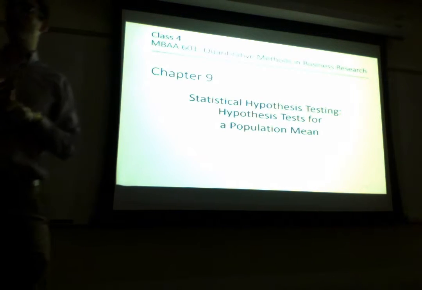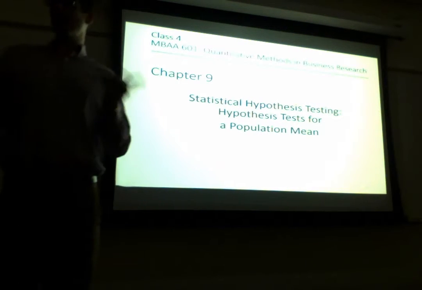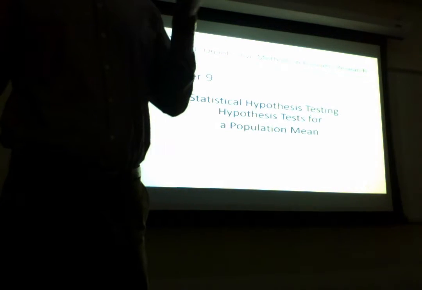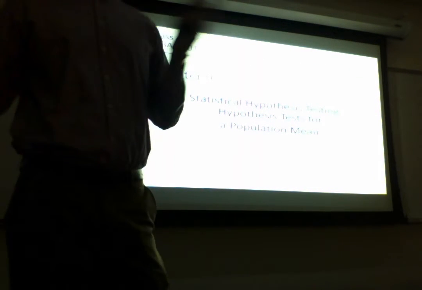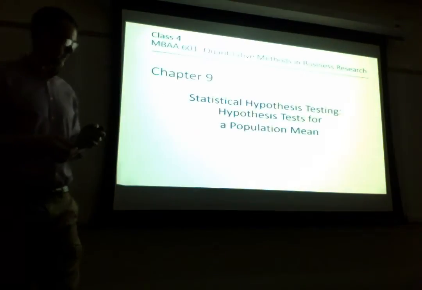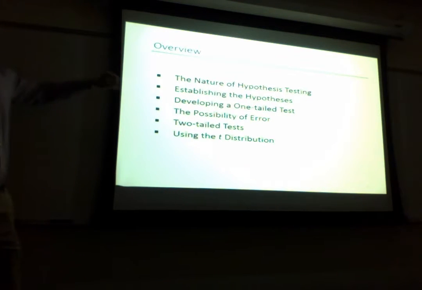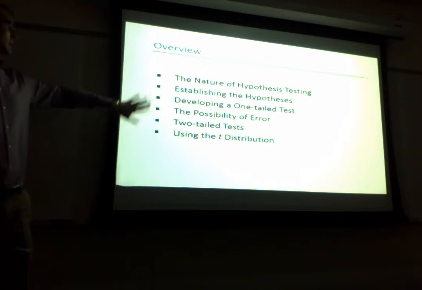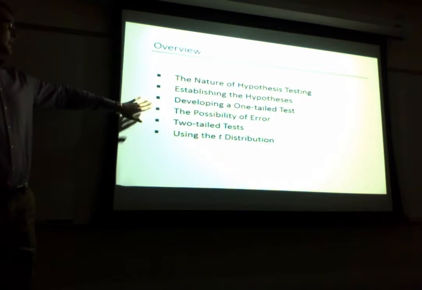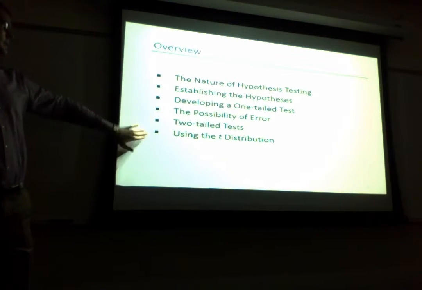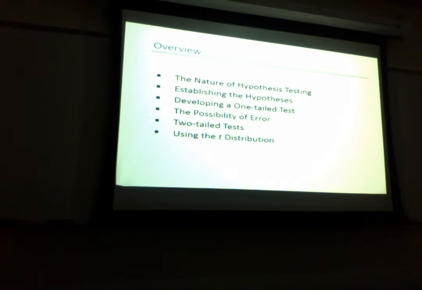So we're just going to add those components. We're going to have a couple new formulas, or one new formula pretty much for each, and we're going to use the same thought process. We talked about the nature, we talked about establishing the hypothesis, we talked about one-tailed tests, two-tailed tests, and then lastly we talked about using the t-distribution if we don't know the population standard deviation.